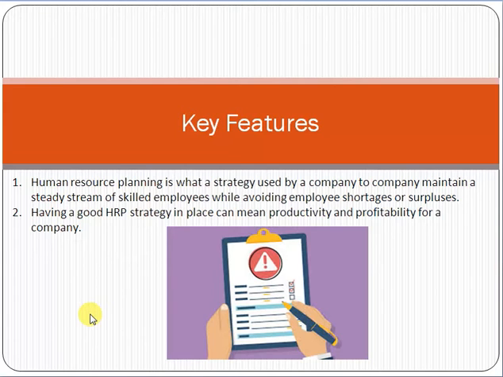if your existing resources are utilized 100% from January to March, and you have to start a project in the month of February, you must start a hiring process, because you know that you are already 100% utilized, and without hiring new resources you cannot start a project in February. Also, if there is any shortage or surplus, if your resources are underutilized, not utilizing 100%, you can also know this from the human resource plan.